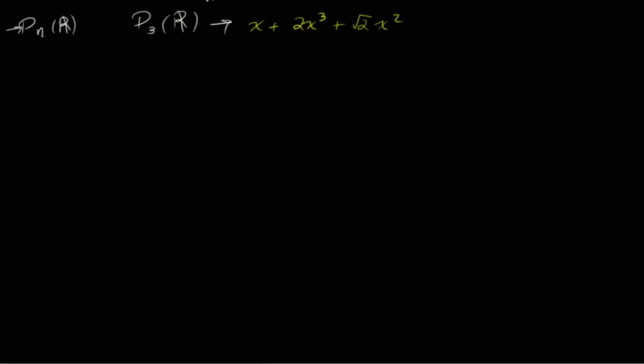So my highest degree here is 3, and so my highest degree corresponds to the 3 here. But this could actually be a vector in P4(R) or P5(R), because this just states how big your degree can be. Okay, so that was another vector space we talked about.